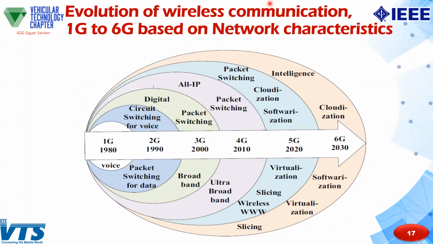From the network characteristics perspective, in 2G we have only circuit switching for voice and the elementary establishment of packet switched data. In the 5th generation, we have packet switching, and cloud and software virtualization and slicing. But in 6G, we have what we call intelligent services, as well as virtualization and softwareization.